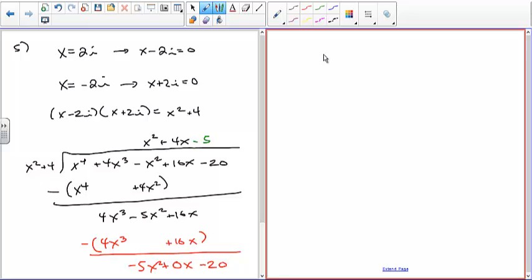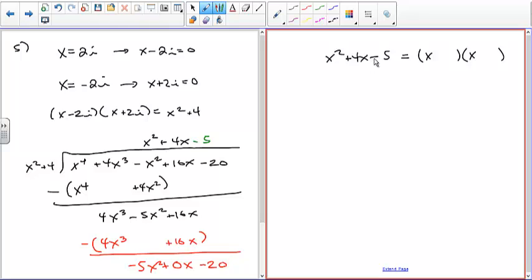So what I'm left with is x squared plus 4x minus 5. Hopefully I'll be able to just factor that. So I'd say, okay, what two numbers multiplied together give me 5? Well, 5 and 1.